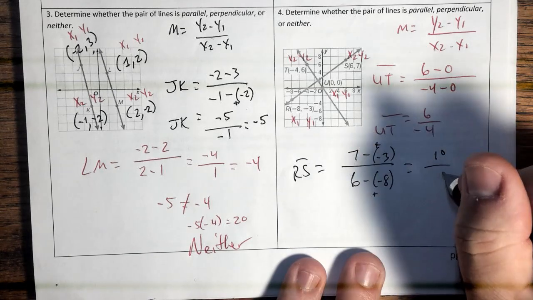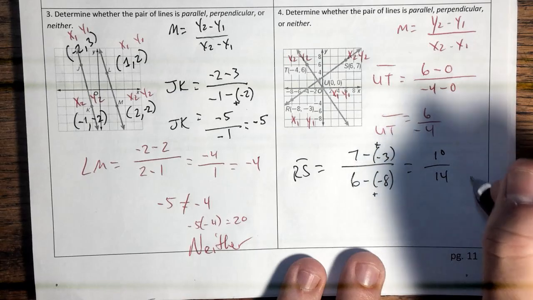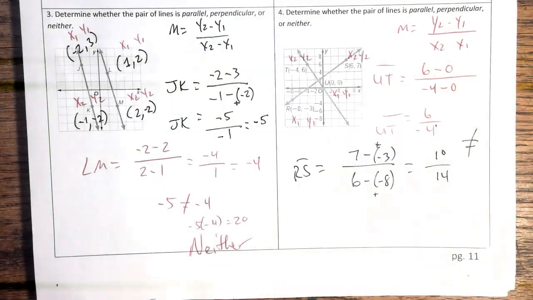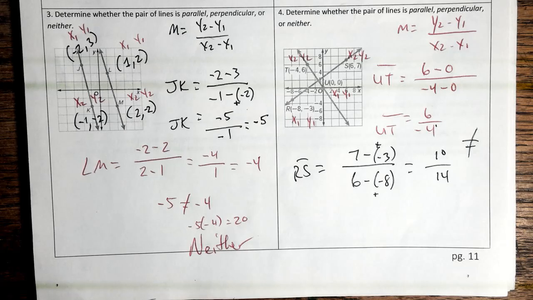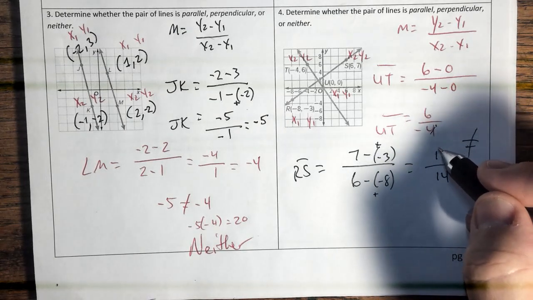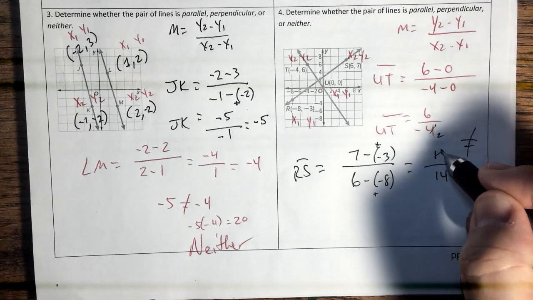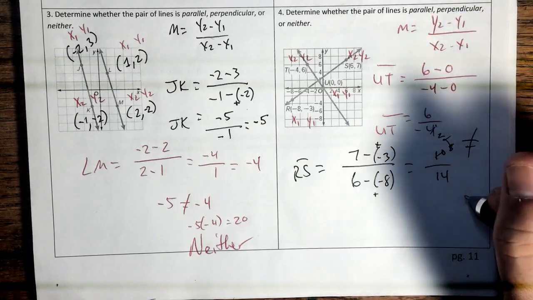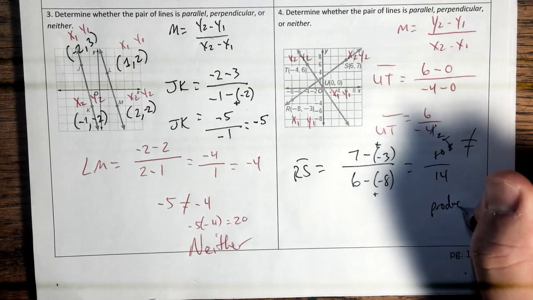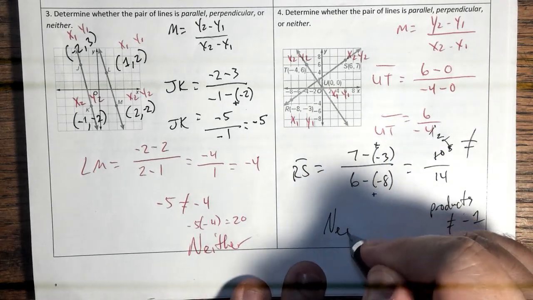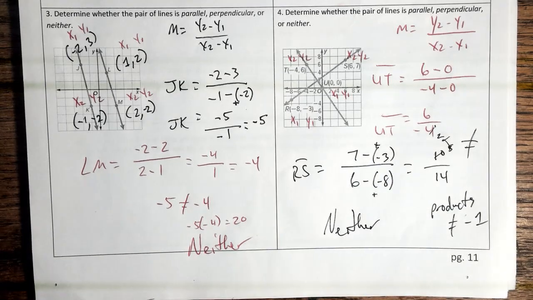So 6 plus 8 is 14. So these guys are not equal. If you multiply them together, their products are not going to equal negative 1. So these are neither.